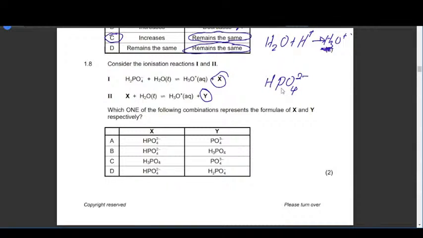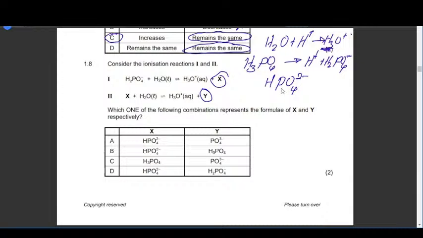So if it loses another hydrogen, then it becomes -3. Before, it is phosphoric acid, a triprotic acid. When it ionizes first, yes, it loses the hydrogen, then plus. Now I have 2 here plus this. But now because it has lost 1 hydrogen, it becomes negative. That's why it looks like this.